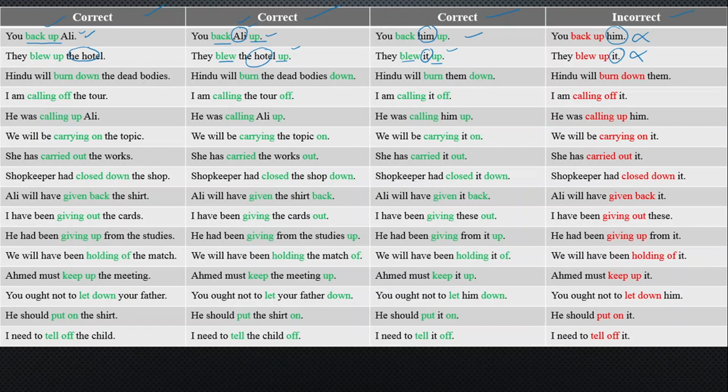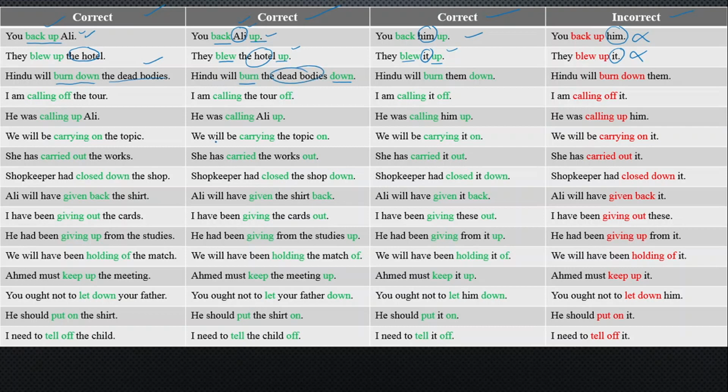Hindus will burn down the dead bodies. Now see, burn down is your phrasal verb, which means to burn completely. The dead bodies is your object. If you want to write it at the end or in between the verb and adverb particle, you can. Hindus will burn the dead bodies down.